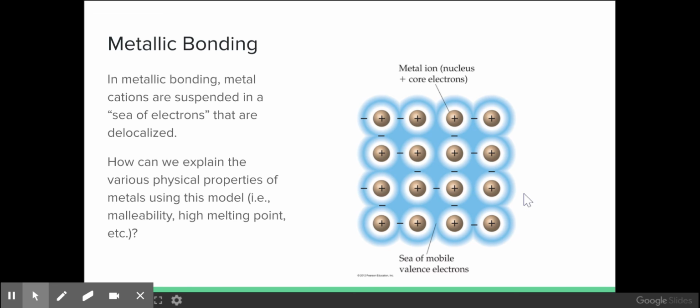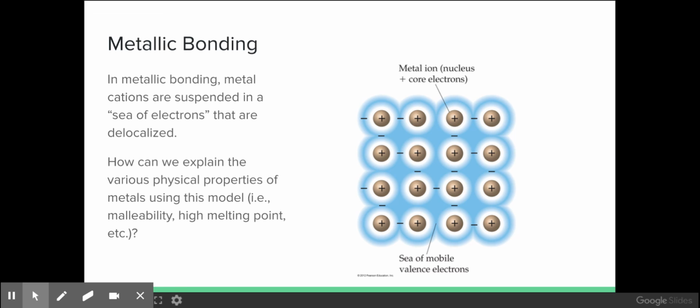We can use this to explain the fact that atoms have the ability in this sea of electrons to roll, to tumble, to move past one another, and that's what makes metallic elements so malleable. But this sea of electrons is also a pretty strong attraction, so it bends but it doesn't break.